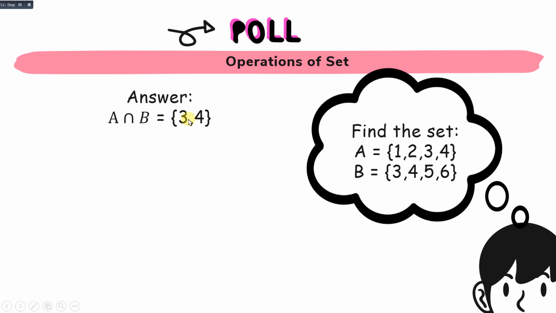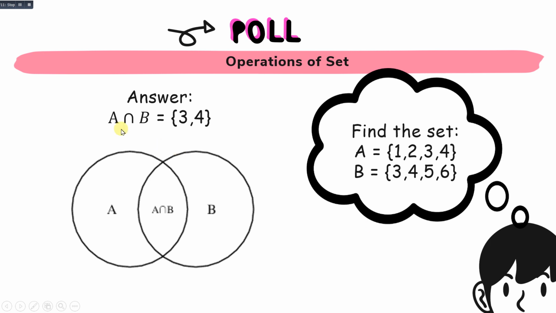Because 3 and 4 are the common elements found in both set A and set B. In this Venn diagram, this is what we find at the middle, the overlapping part of the circles.